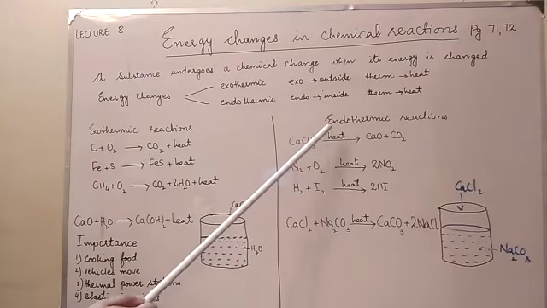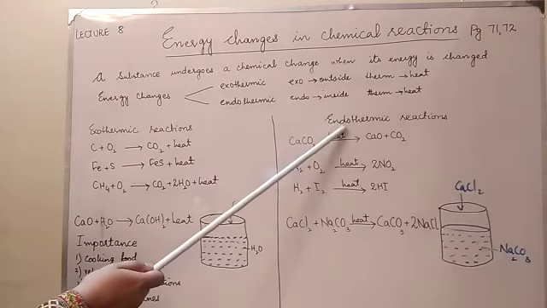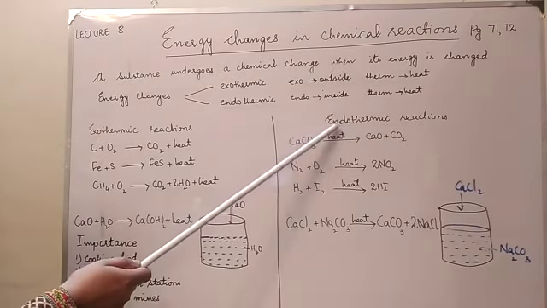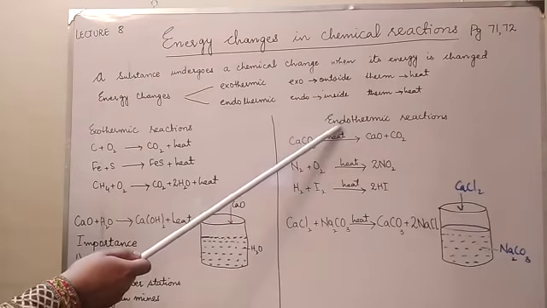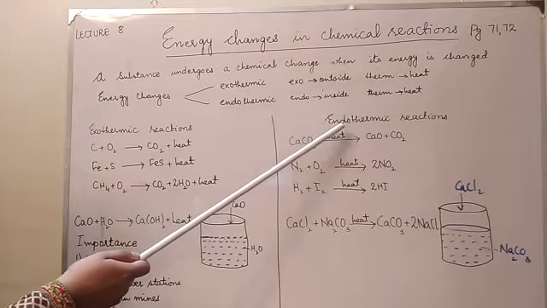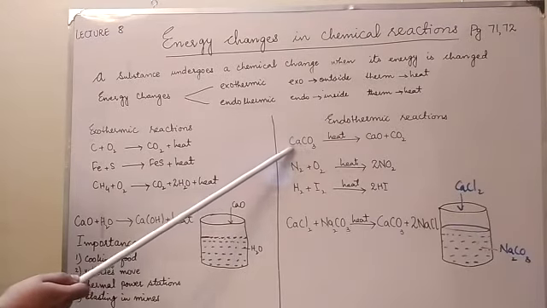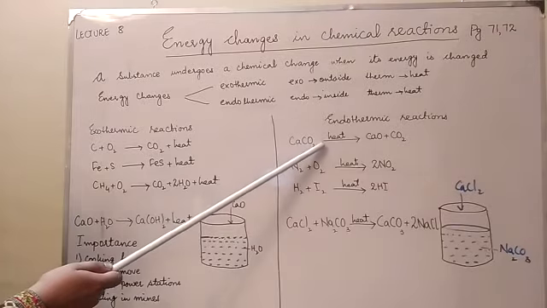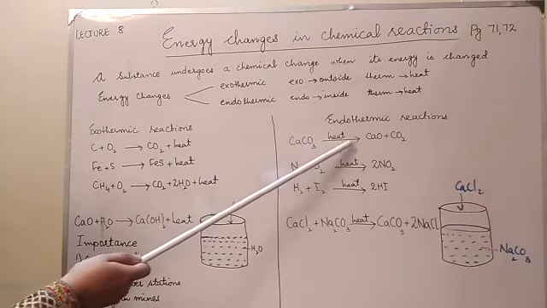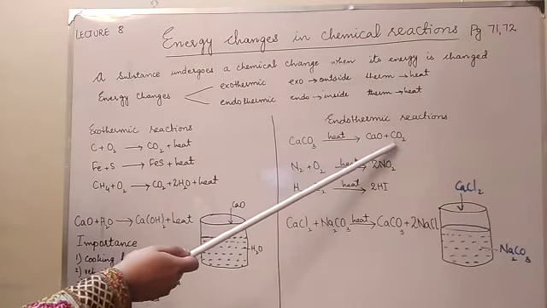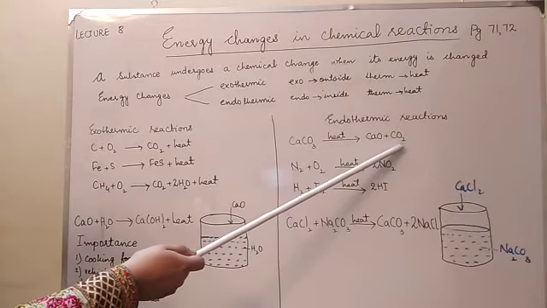Now we have endothermic reactions. As in the beginning I told you, endothermic reactions are those reactions in which heat is absorbed. So calcium carbonate or limestone, when it absorbs heat, forms calcium oxide and carbon dioxide.